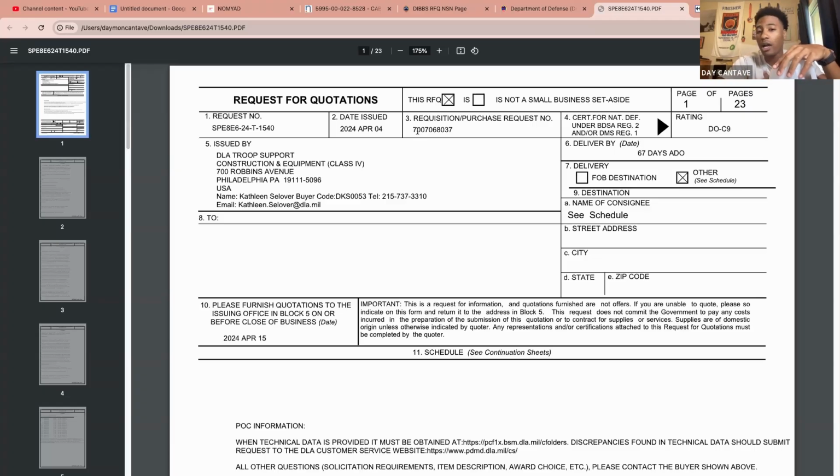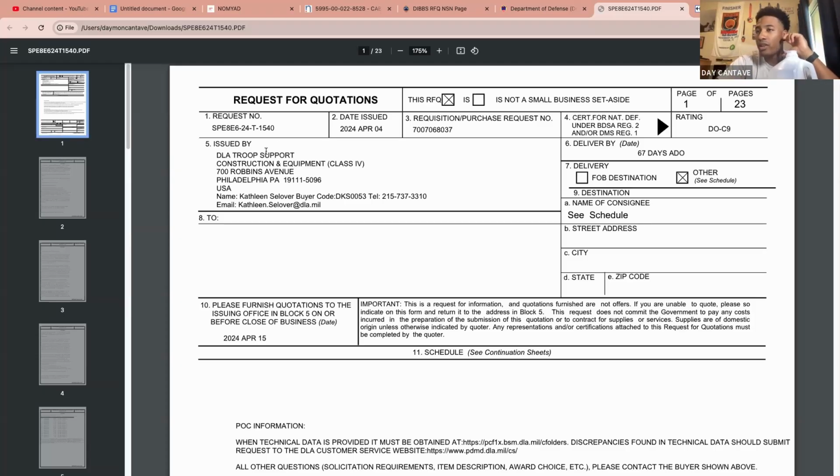Externally, us as firms, we track them with solicitation numbers, and internally they track them with purchase request numbers. Fun fact, solicitation numbers can repeat. You can see multiple lines of solicitation numbers, right? Purchase request numbers will never repeat. Those are going to be unique to each other.